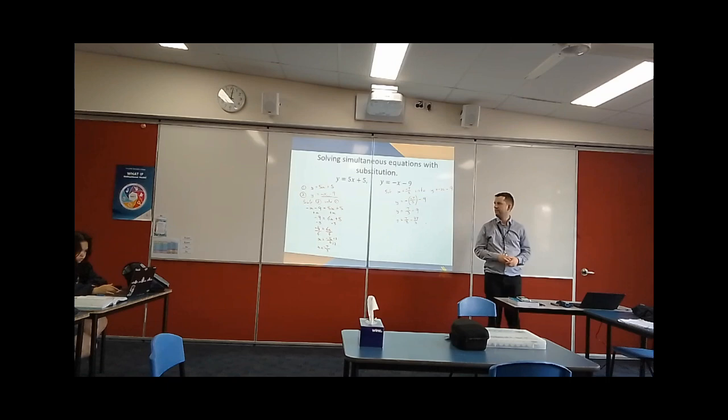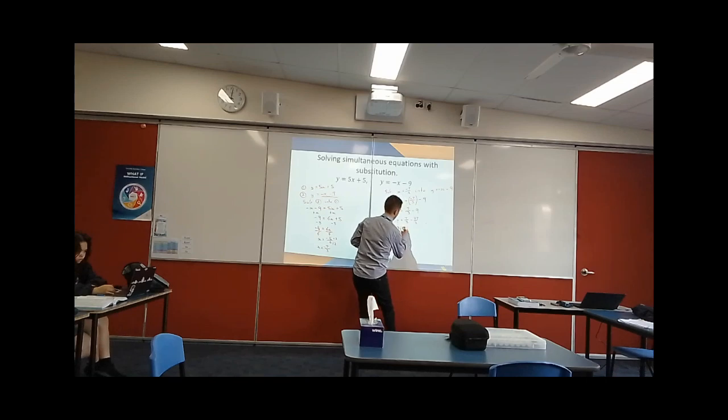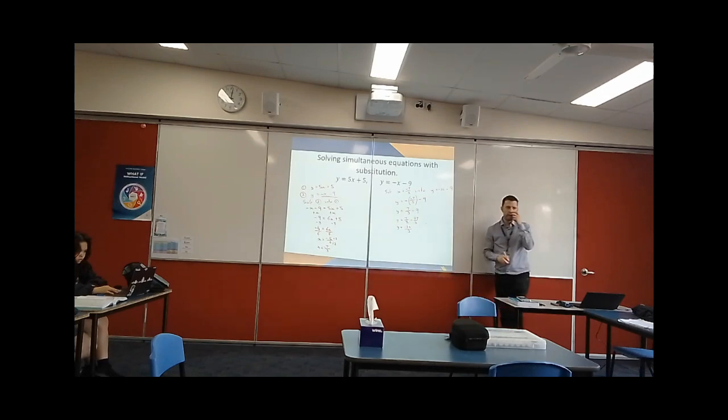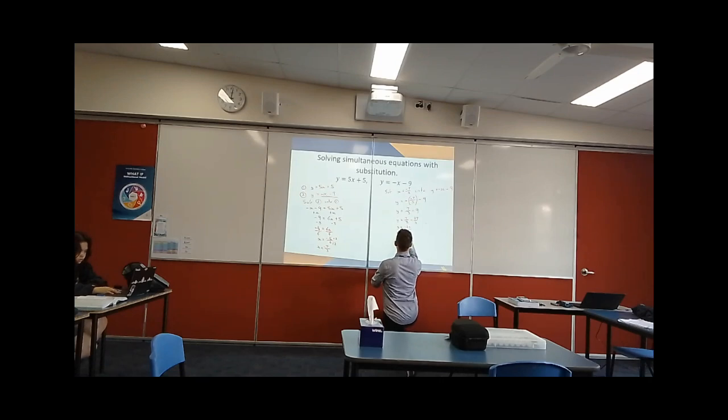Then I can simplify it even further. What is 7 take away 27? -20. So I've got y equals -20 over 3, which means my coordinate is going to be x is -7 over 3 and y is -20 over 3.